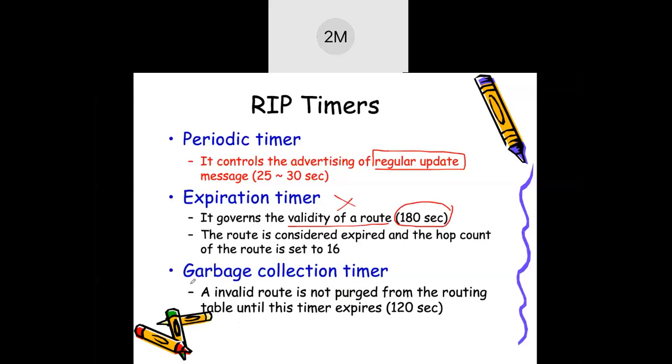And the garbage collection timer: an invalid route is not purged from the routing table until the timer expires, so 120 seconds. All these three help for routing table entries. If nothing is happening, how much time should I keep this? For that, the expiration timer will help. When to exchange, the periodic timer will help. And the garbage collection timer: an invalid route is not purged immediately, but after the timer expires, it will purge that.